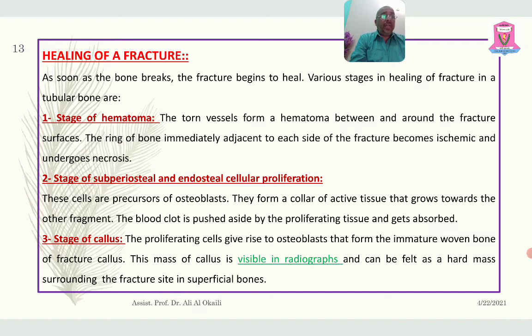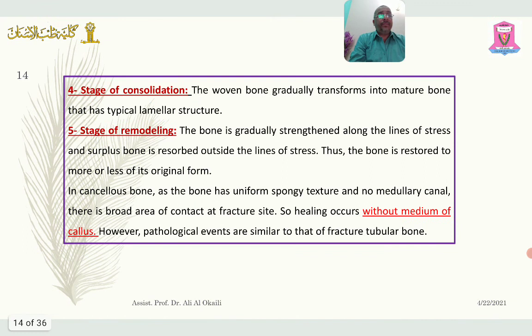The mass of callus is visible in radiographs and can be felt as a hard mass surrounding the fracture site in superficial bones. So first we have the blood clot, and in this blood clot there is proliferation of fibroblasts plus osteoprogenitor cells, and these osteoprogenitor cells will produce the osteoblasts, which is the first sign of the appearance of the bone we call woven bone, which becomes visible in the radiographs.